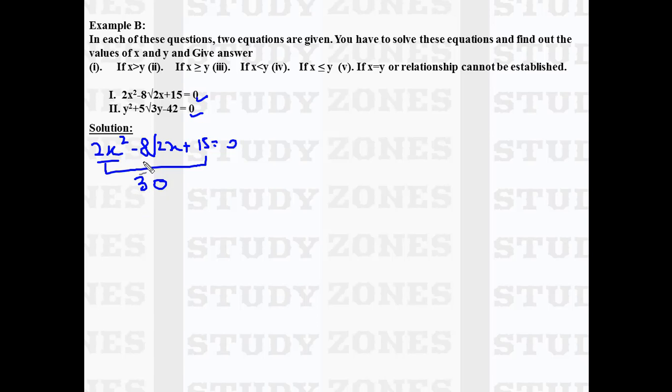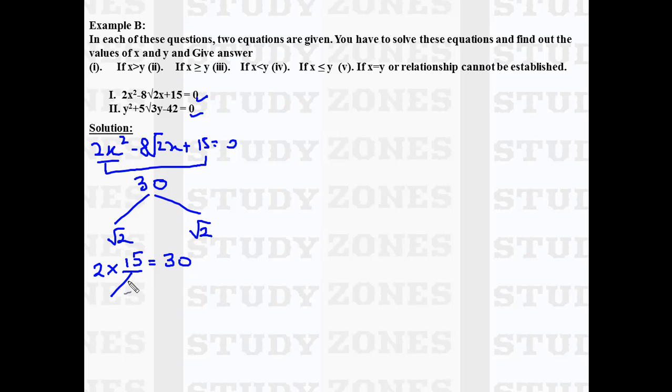Now in these types of questions where you have root 2, always keep that in mind. Write root 2 as it is here. Means you have to write the root term as it is here and then solve the question. So root 2 into root 2 is 2. 2 into something should give you 30 and that something here is 15.